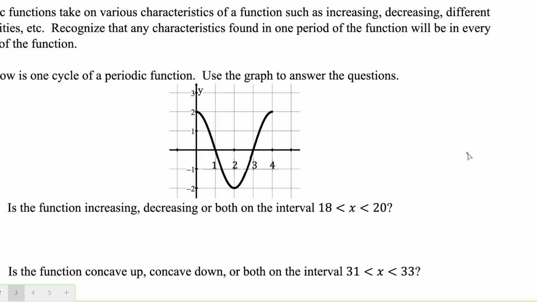A says, is the function increasing or decreasing, or maybe both, on the interval 18 to 20? Now, if you are just starting this unit 3, in unit 1 you would have been taught about concavities and when there's a point of inflection.